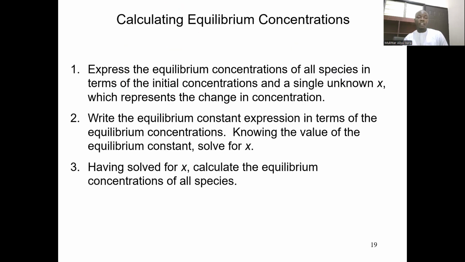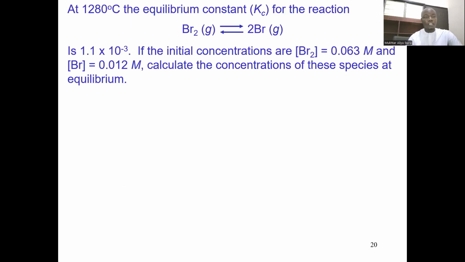So now, let's have this example. At 1280 degrees centigrade, the equilibrium constant Kc for the reaction of bromine reacting to produce bromine atoms is 1.1 times 10 to the power of -3. If the initial concentrations are 0.063 molar for bromine and 0.012 molar for bromine atoms, calculate the concentrations of these species at equilibrium.